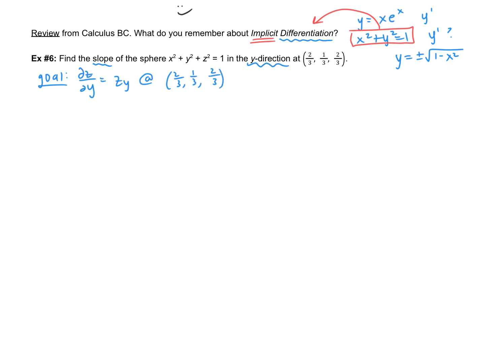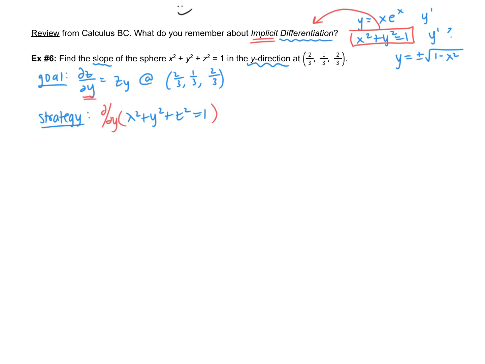Okay, so then what we're going to do is take the equation we have, and we are going to differentiate with respect to y, because that's what we want up here.